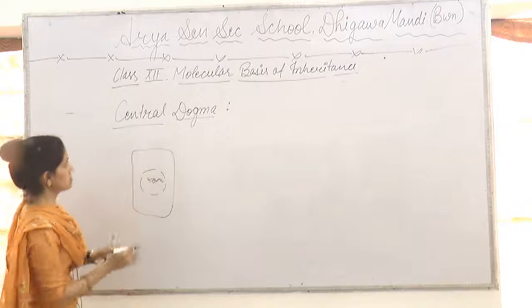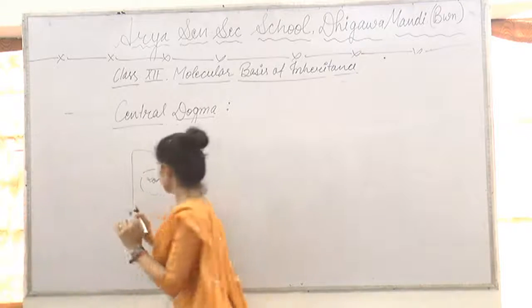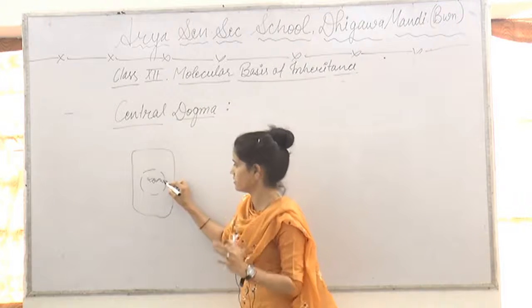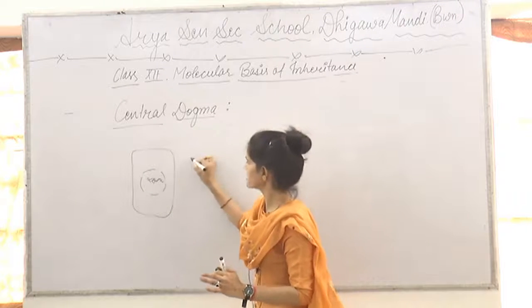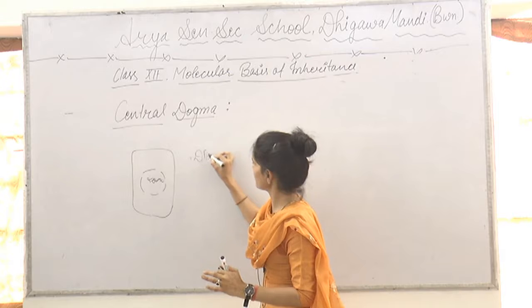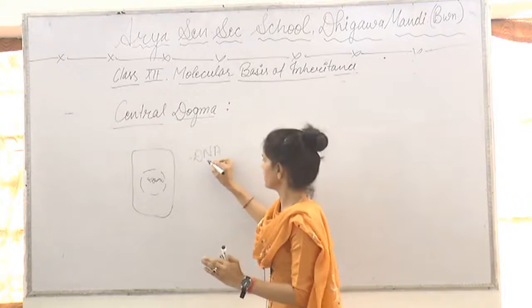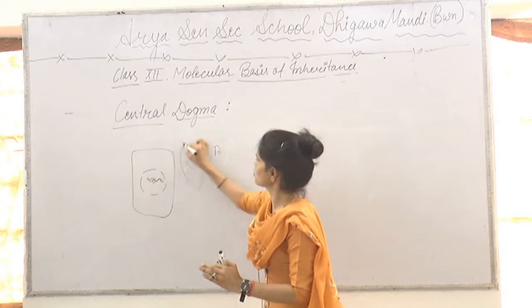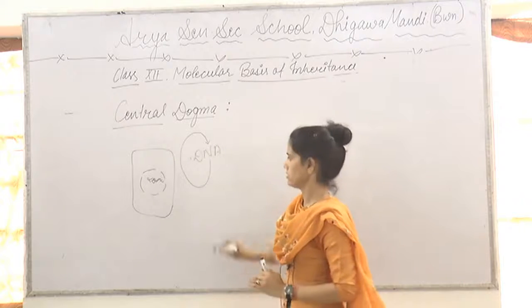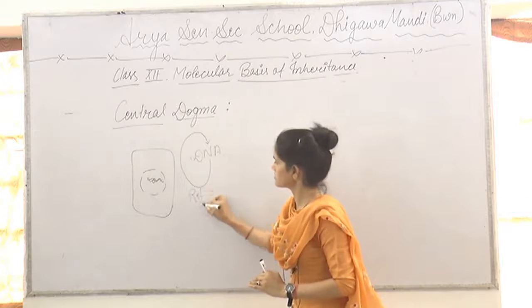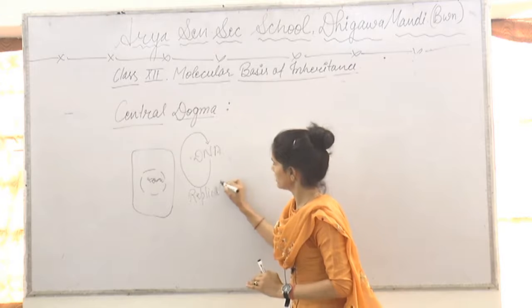Later we will discuss that. First of all, I want to say that this linear DNA, what is the central dogma? This linear DNA undergoes replication. This process is known as replication.